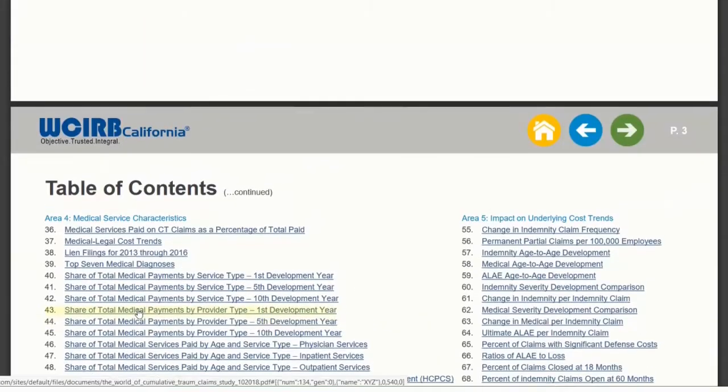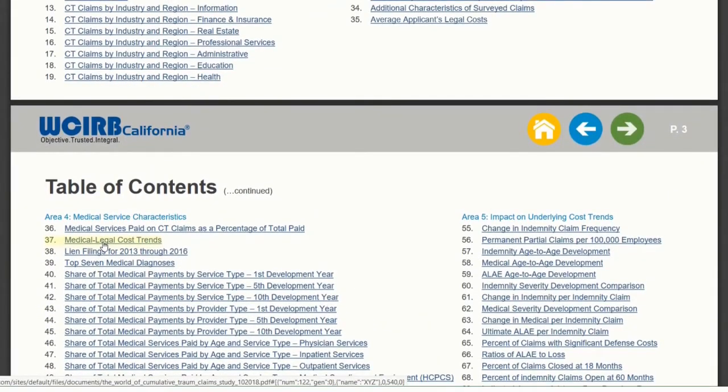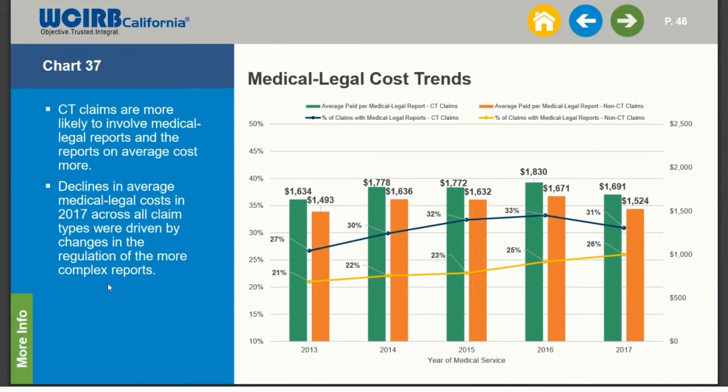And then I want to share with you 2 more things. Now, this is particularly important for qualified medical evaluators to know, and this has to do with the medical legal costs related to specific injury claims and medical legal costs related to cumulative trauma injury claims.